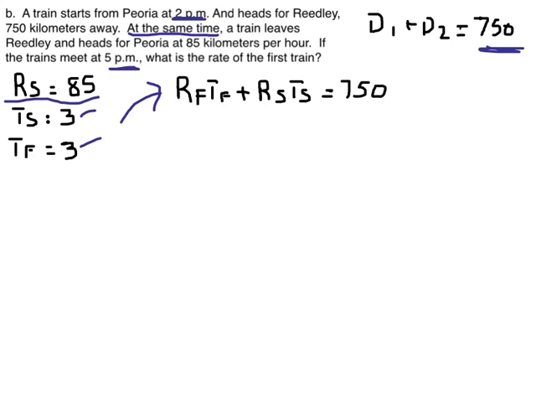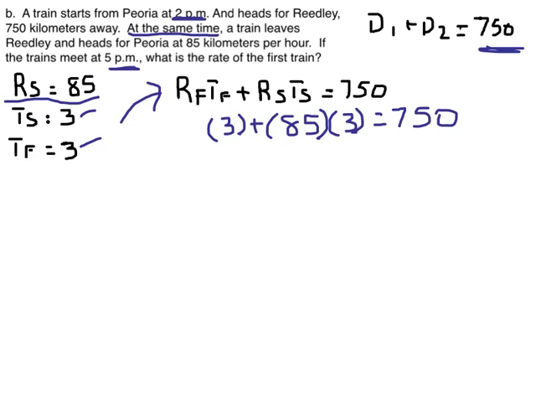We're going to start substituting some things in. We're trying to find the rate of the first train. All right, so TF is 3. RS is 85. TS is 3.